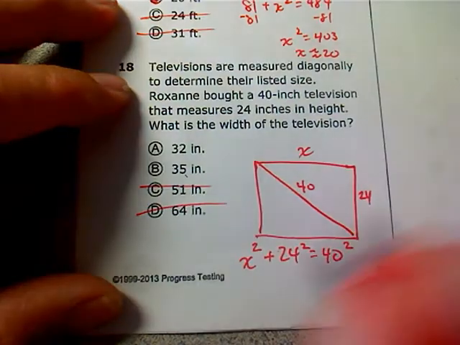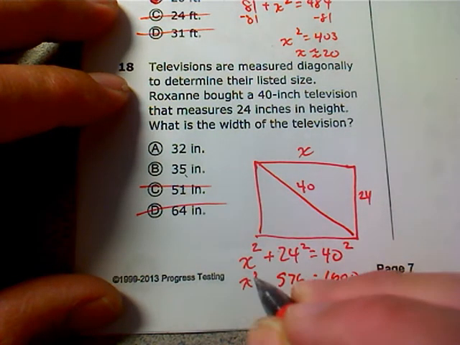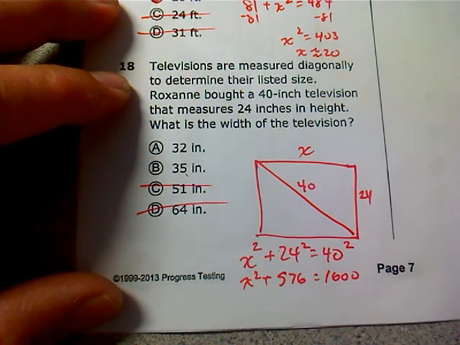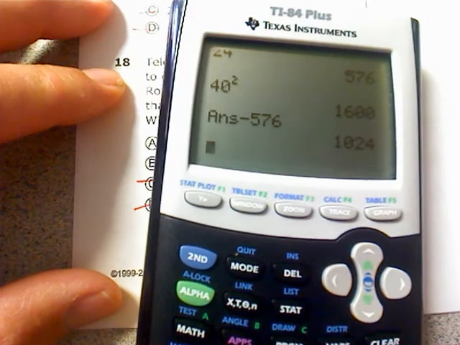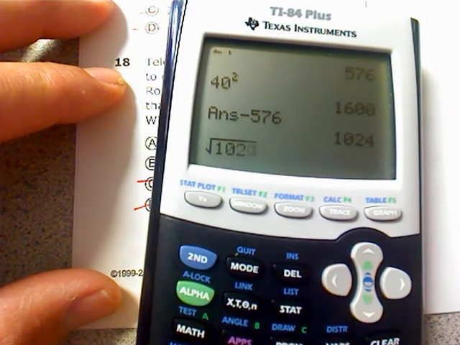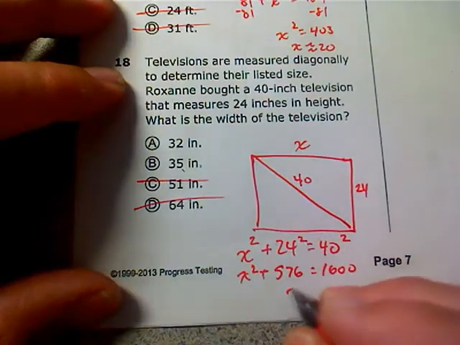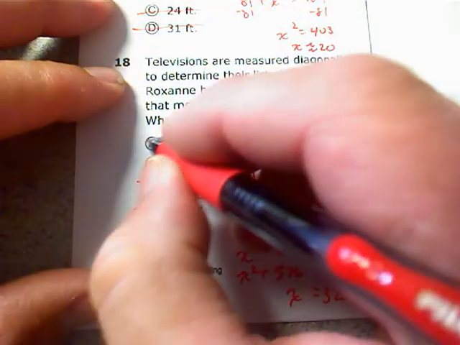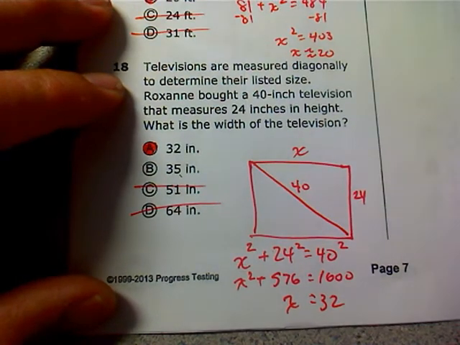So this is 576 and 1600. So I can subtract 576 from each side, and then I need to take the square root of that number right there. 32 inches. X is 32. 32. Nice Pythagorean triple.